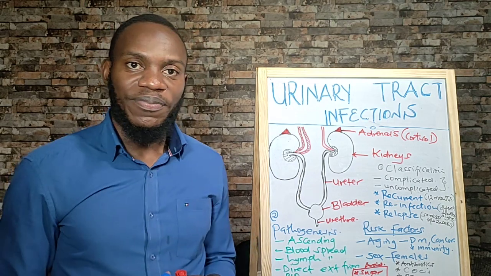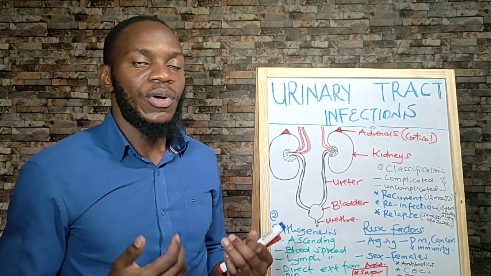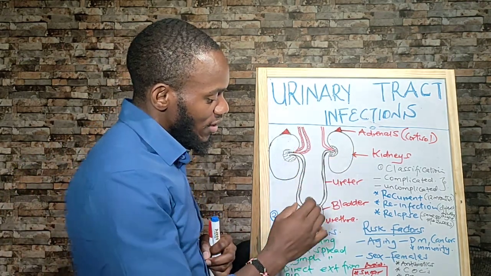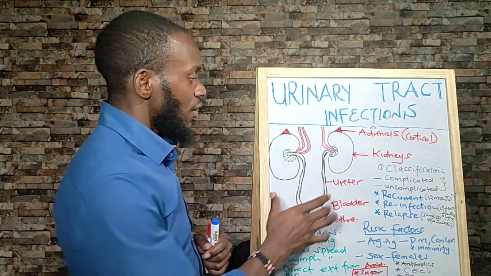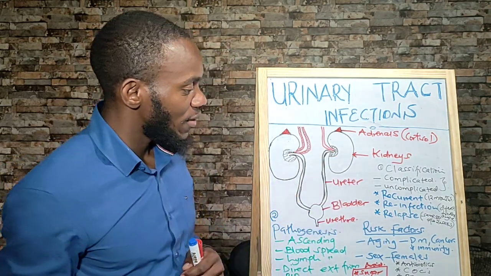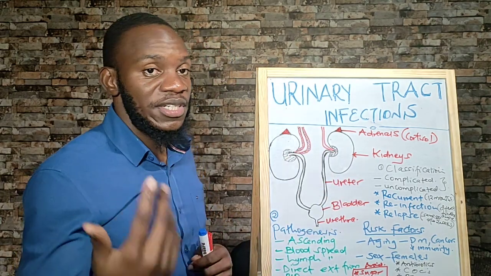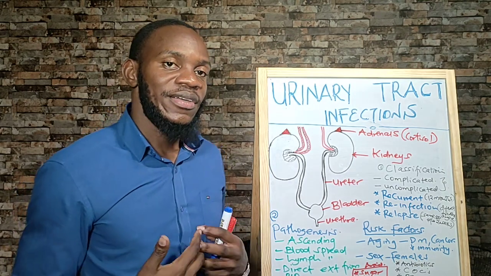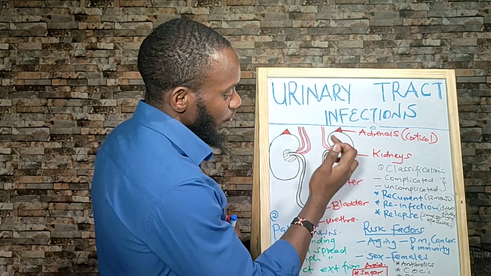So welcome. Now, what is urinary tract infection? From the word urinary tract, that means the presence of any microorganism within these organs. Remember, this is a diagrammatic representation of the kidneys and the urinary tract system. So these are the kidneys.